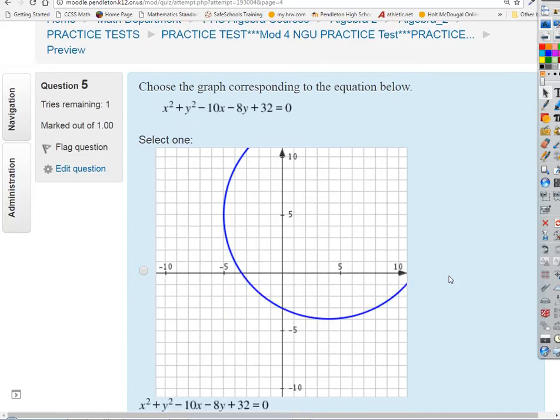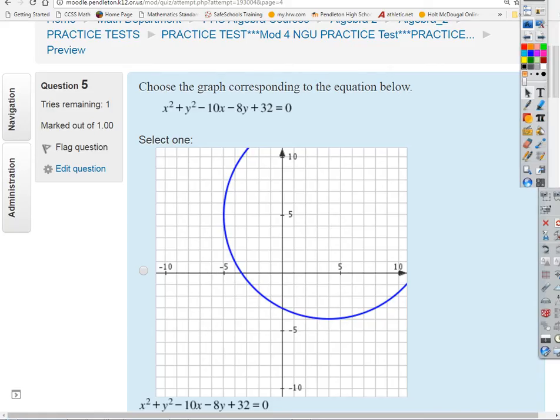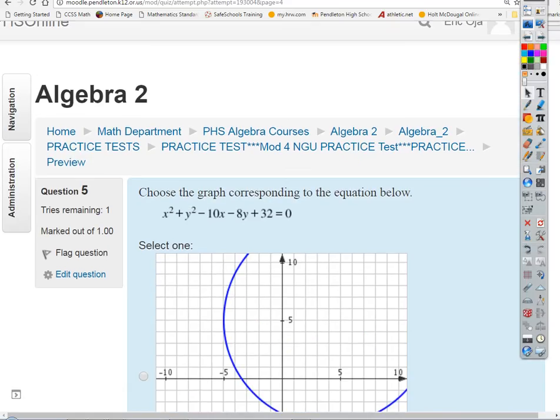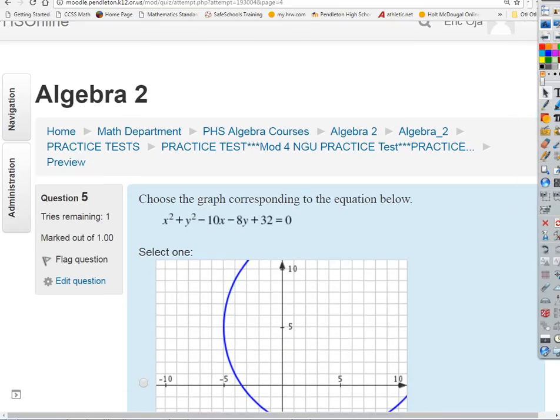Okay, so what about this one? Choose the graph corresponding to the equation below. So this is one where I've got to put this into standard form, right? We've got to put this into the standard form, (x − h)² + (y − k)² = r². So I've got to complete the squares for both the x's and the y's.